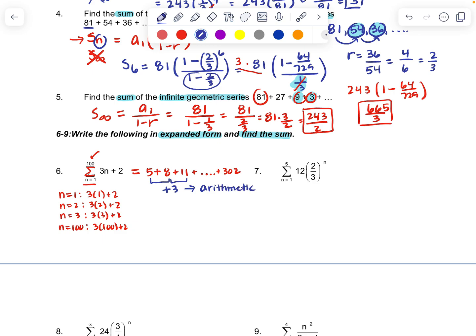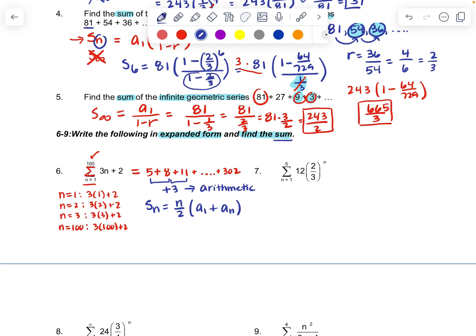Okay, so I'm going to be using the arithmetic sum because I want to find the sum. So the arithmetic sum formula states that the sum of the first n terms is n over 2, so the number of terms divided by 2, times the first term plus the last term.